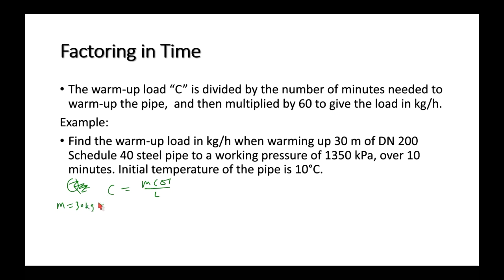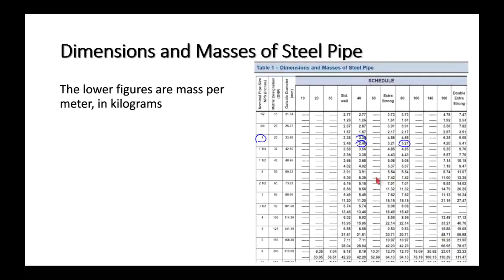And the particular kind of pipe is DN 200 Sked 40. So DN 200, oh boy, that's big stuff here. That's 8-inch. Schedule 40 has a mass of 42.2.